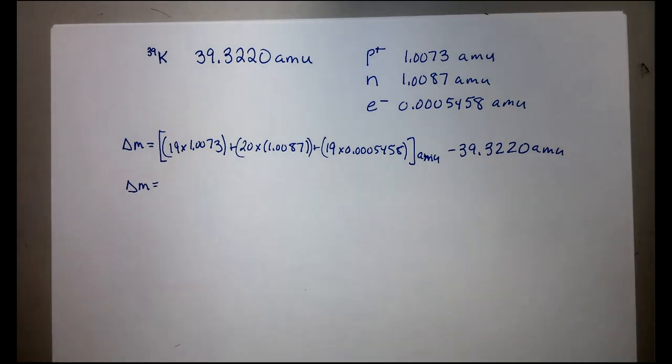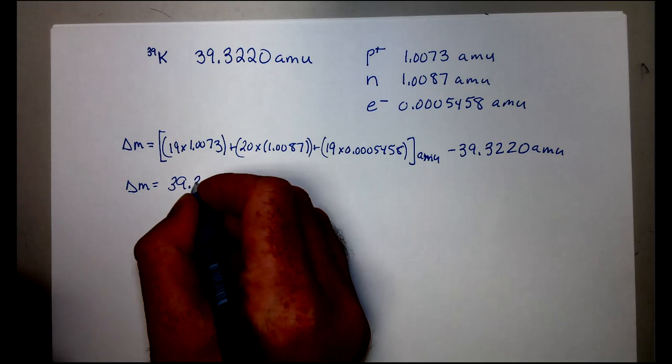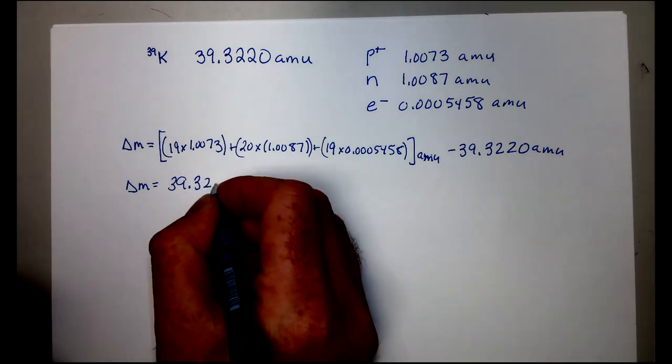So let's figure out what the sum of the mass of the particles are. So it's going to be 39.3230.